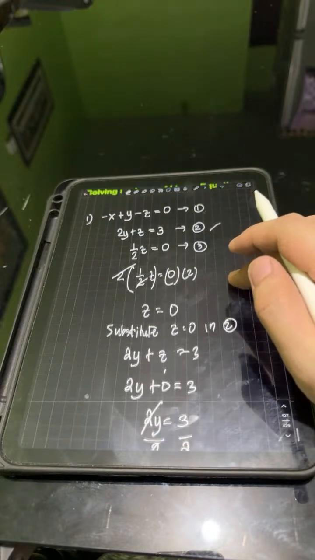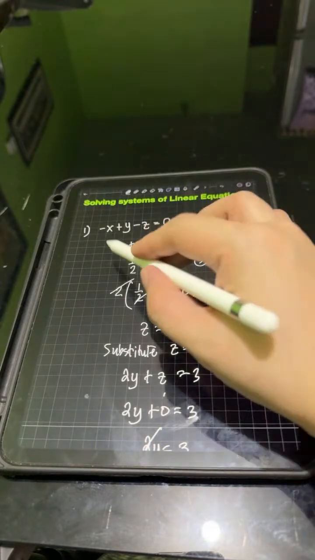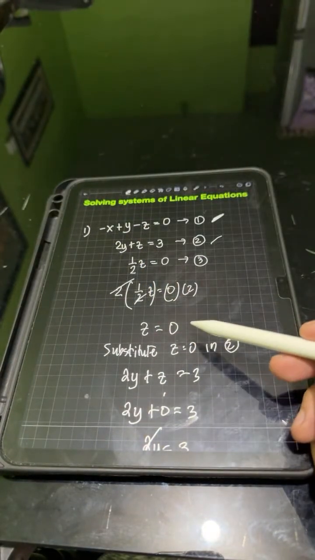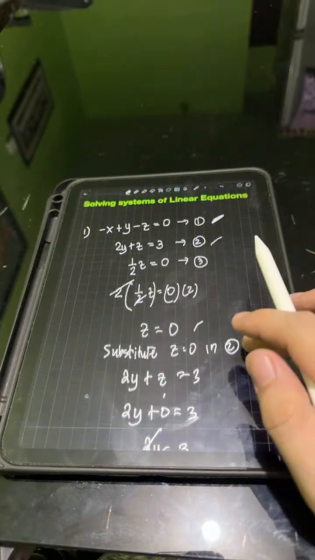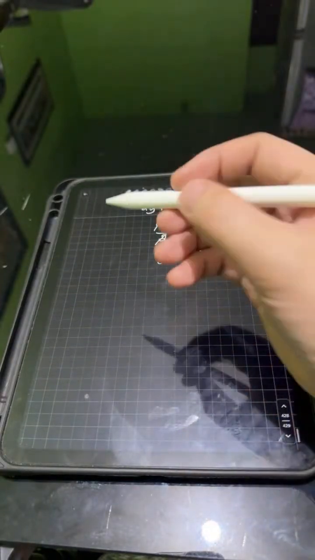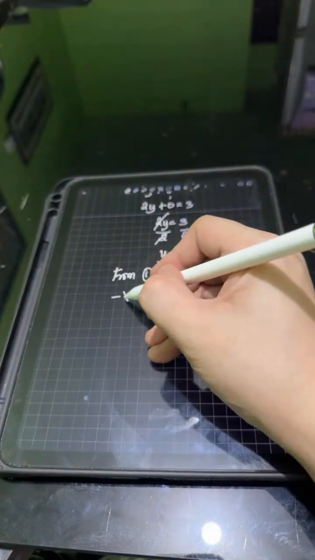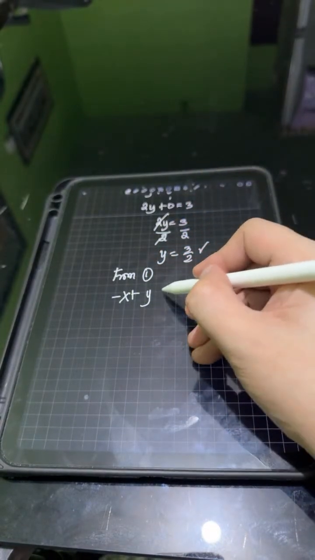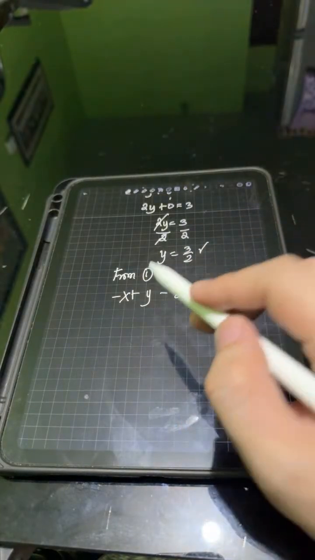Lastly, using equation 1, we can solve for x if we substitute the value of z, which is 0, and y, which is 3 halves. Equation 1 is negative x plus y minus z equals 0. Substitute the value of y and z.